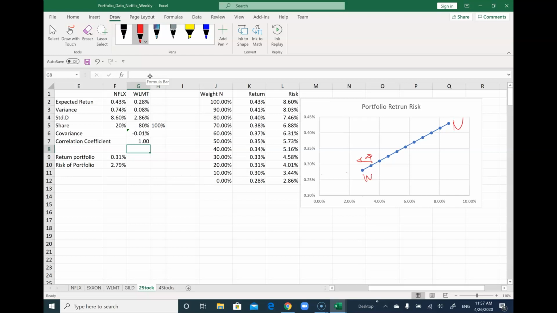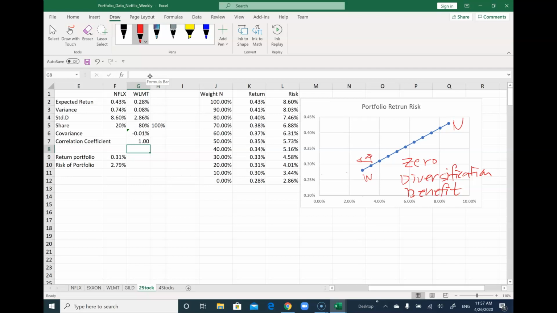It means that you are not getting any benefit from diversification when these two assets have a perfectly positive correlation. So this is the case in which there is zero benefit from the diversification.